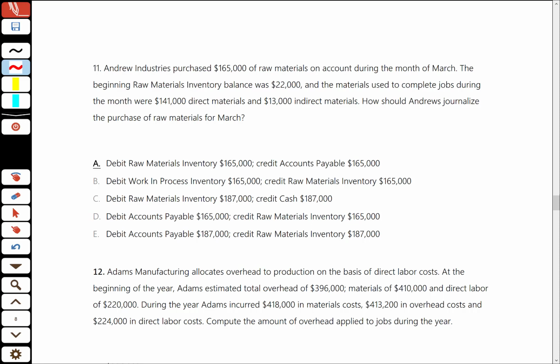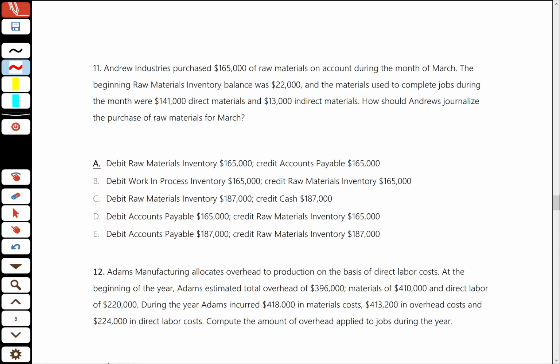On 11, when it comes to the purchased amount, the thing I jumped ahead on was to make sure to subtract those direct materials and indirect materials, because that was what they started with, the 165,000, right?